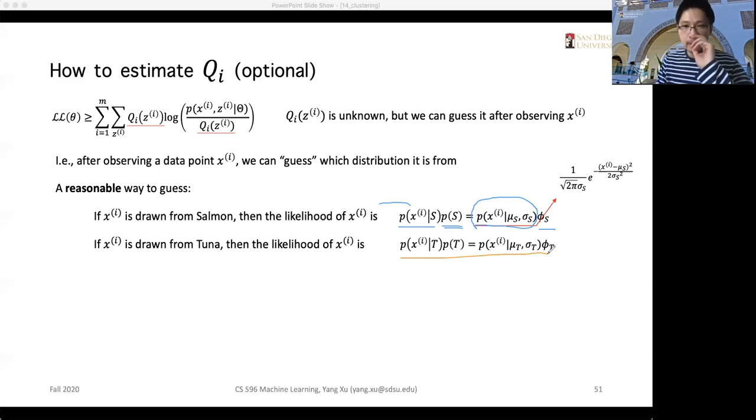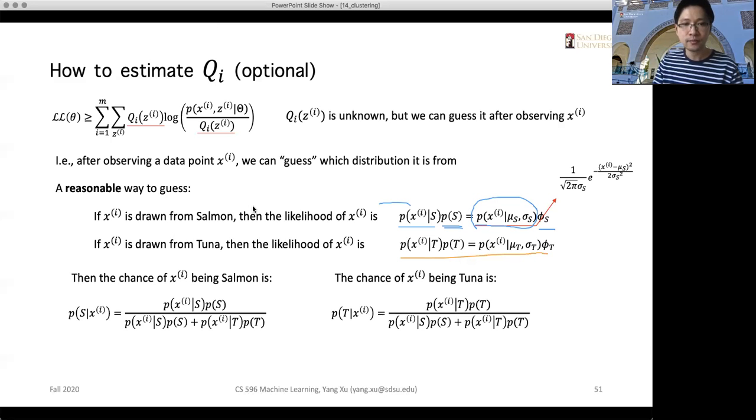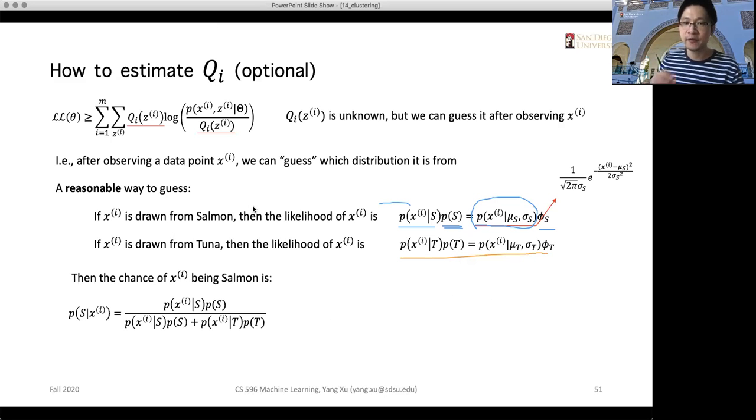Because these are two quantities, we can always find a larger one. If the likelihood of being a tuna is higher, then it makes sense to say that this data point is more likely to come from tuna. So the chance of xi being salmon, right?